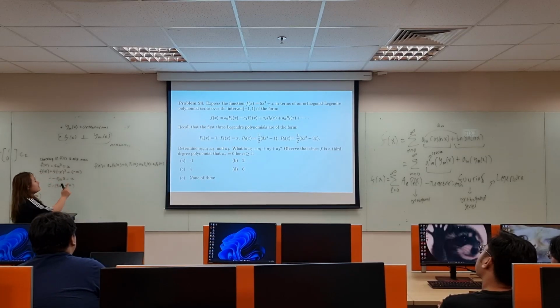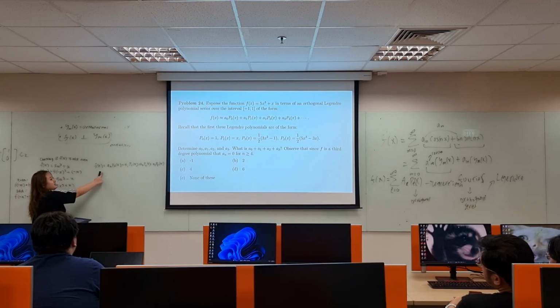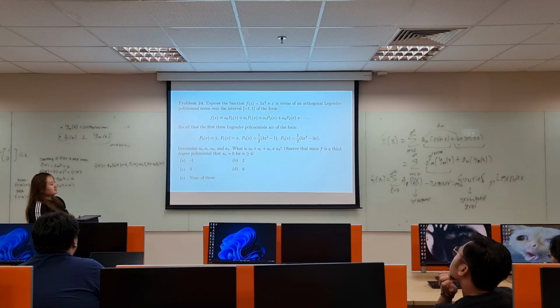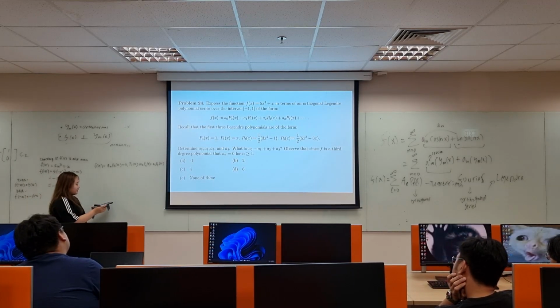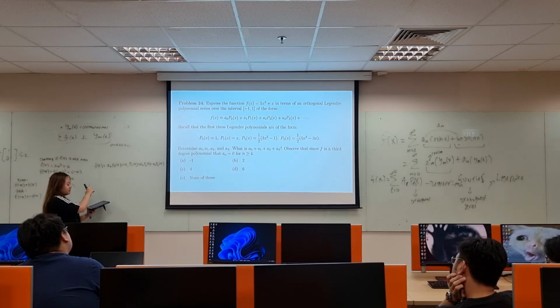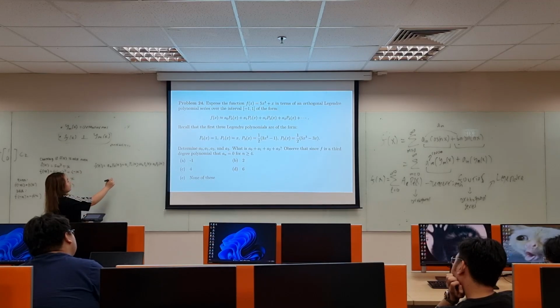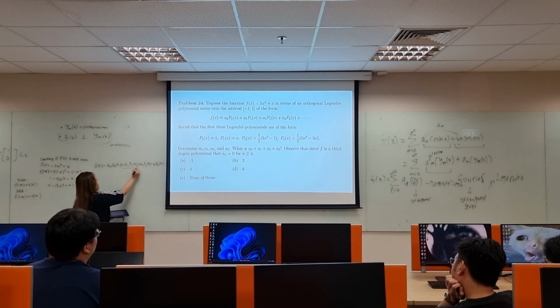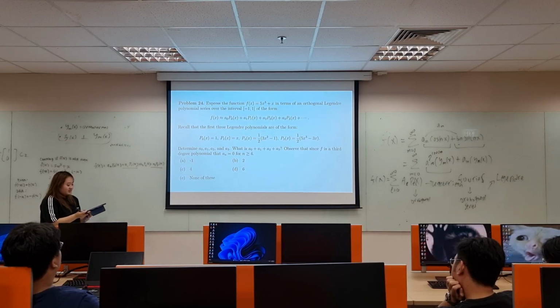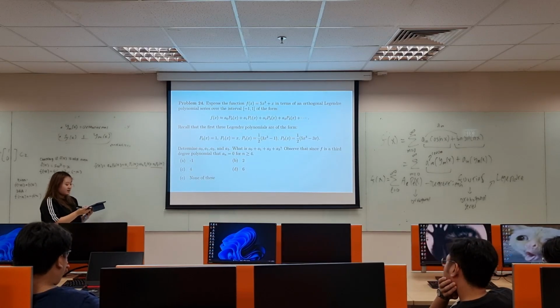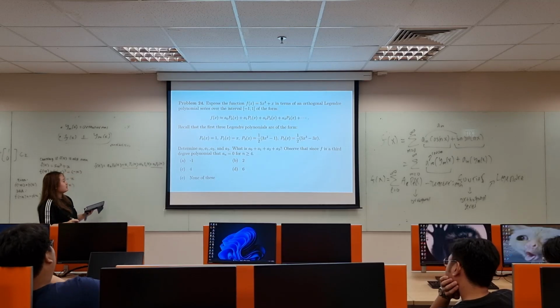Why we need to check for odd or even is so that we can find the constants and cross some out. Since fx is odd, only the coefficients for the odd Legendre polynomials, for example a1 p1 and a3 p3, can be non-zero.